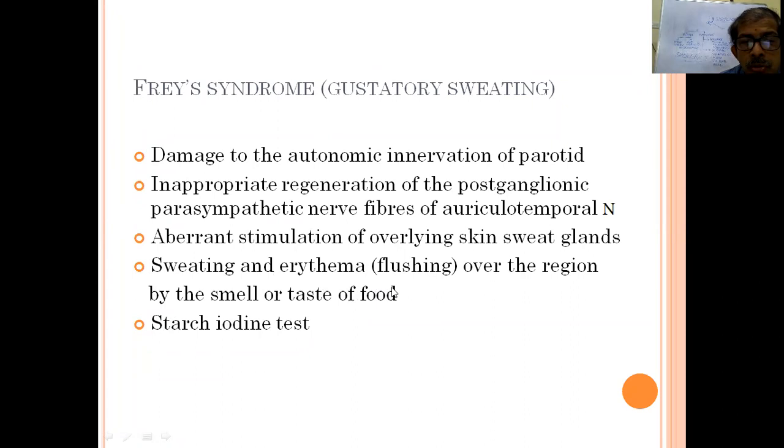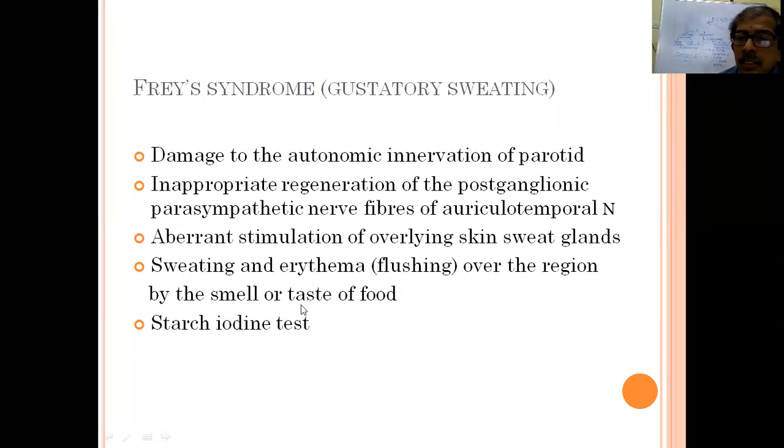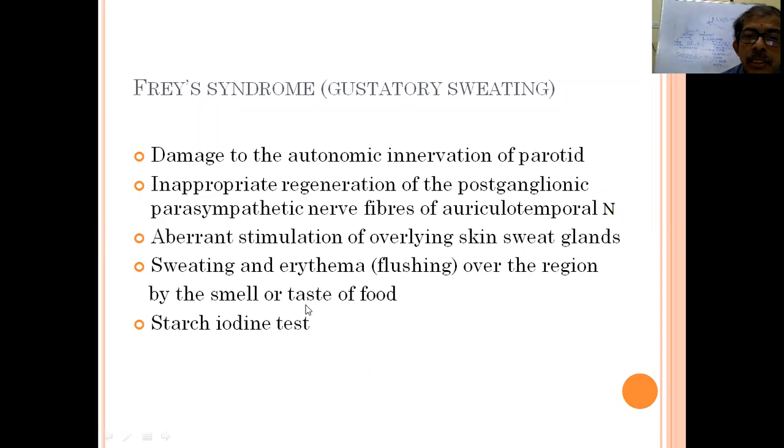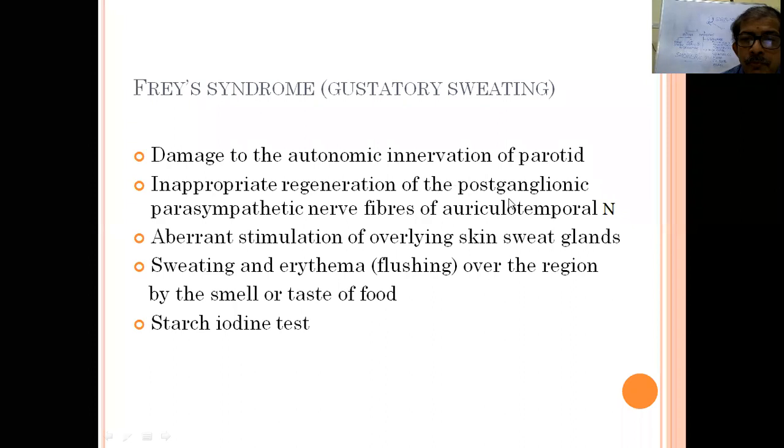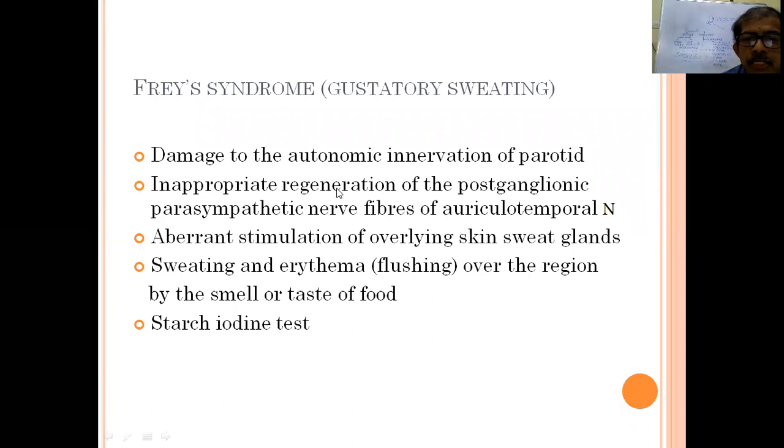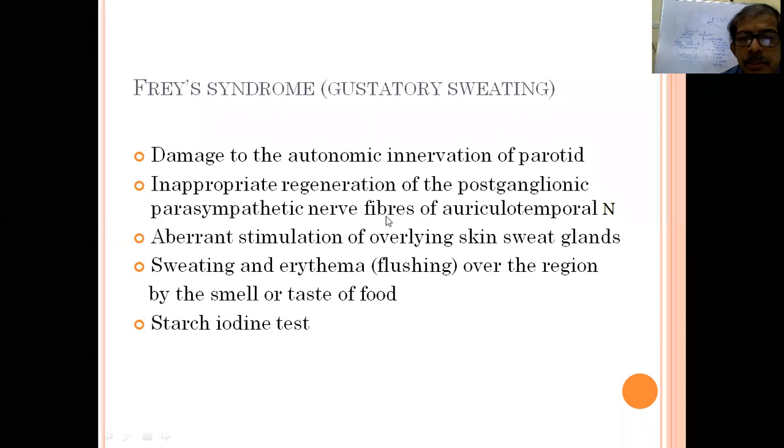So that means what has happened, the nerves that are supplying the parotid gland have got abnormally regenerated. Parotid is supplied by the parasympathetic nerves. So these are inappropriate regeneration of the postganglionic parasympathetic fibers through the auriculotemporal nerve.